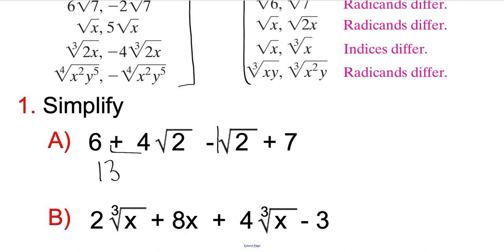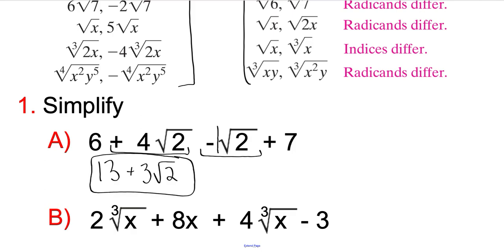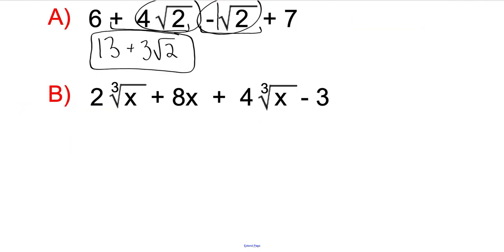And now we have this radical and this radical. Since they match, we can add our coefficients. A positive 4 and a negative 1 gives me a plus 3, and we just write the root 2 back out because that was what told us that they were like radicals. So that one is 13 plus 3 root 2, because we can add this with this because they match.